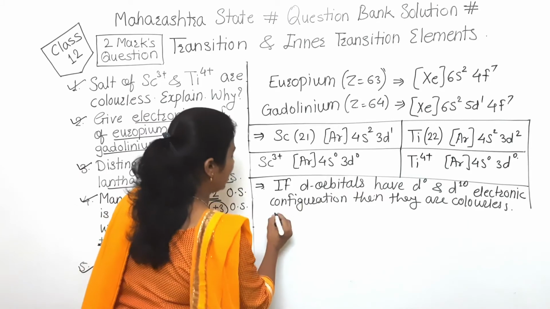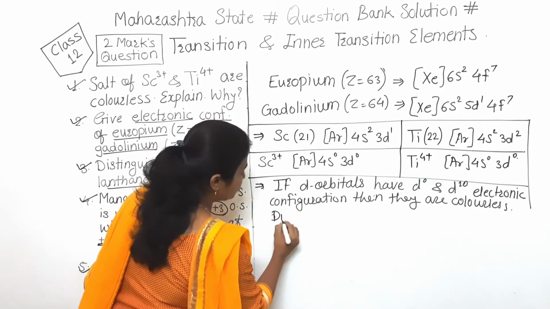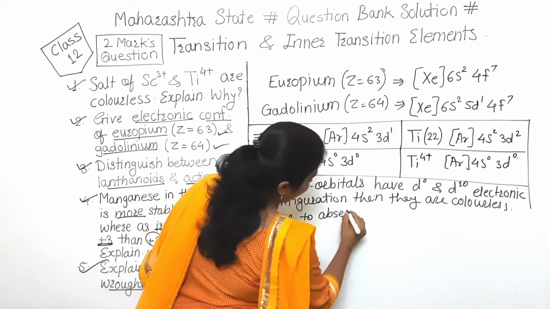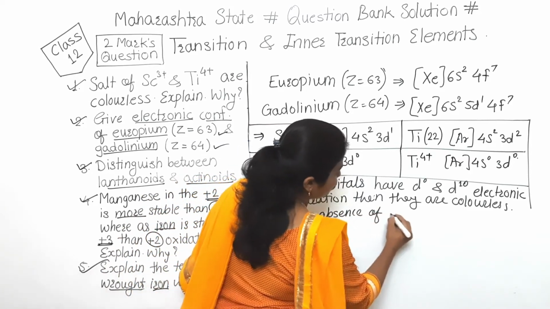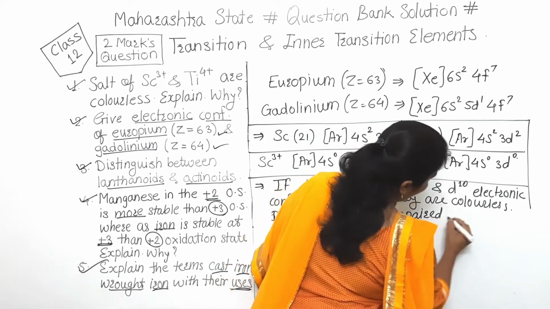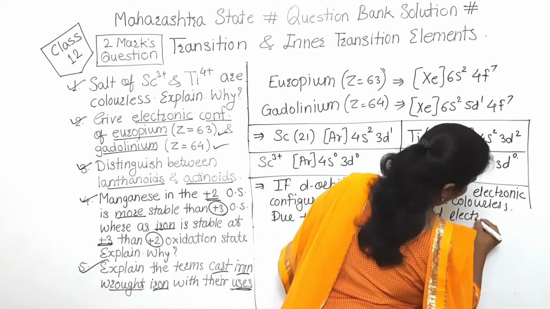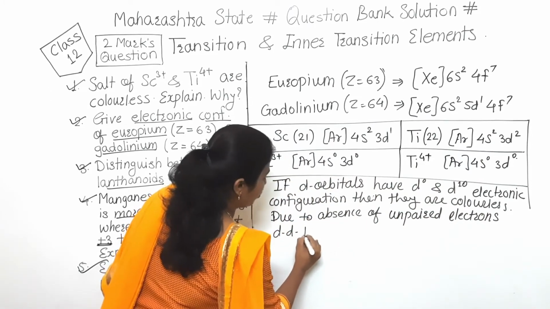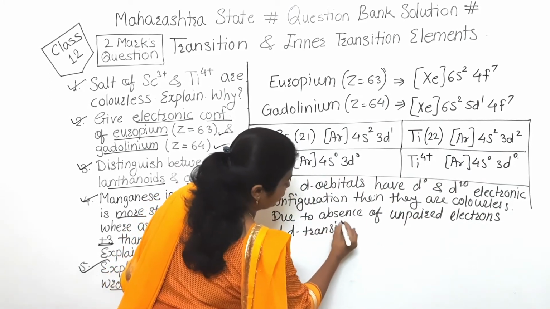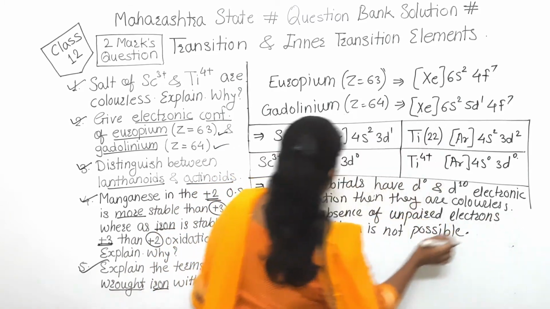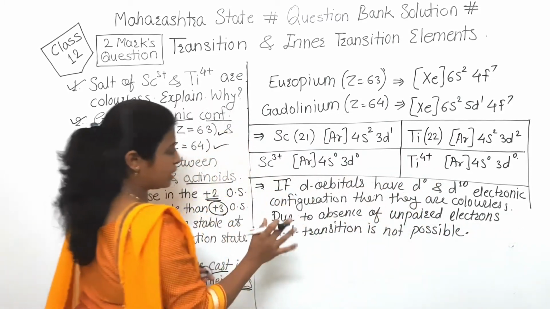So here we can say that due to the absence of unpaired electrons, dd transition is not possible, and this is the reason why they are colorless.